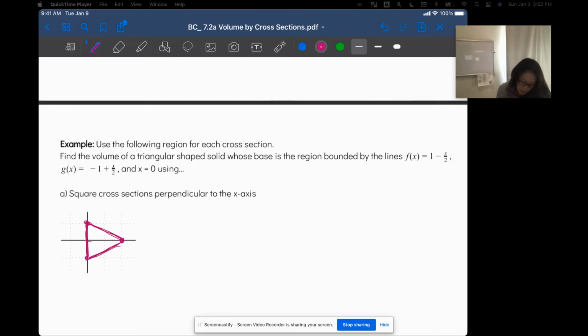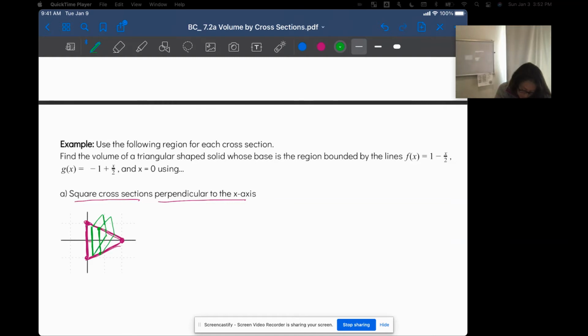Then what we want to do is make a square cross section that is perpendicular to the x-axis. So 90 degrees to the x-axis, I am going to use the length between the two curves as the base of a square. So what's coming out in three-dimensional space is a square.